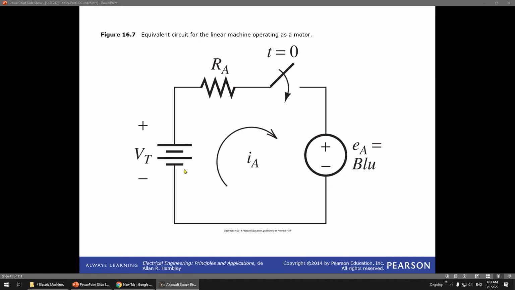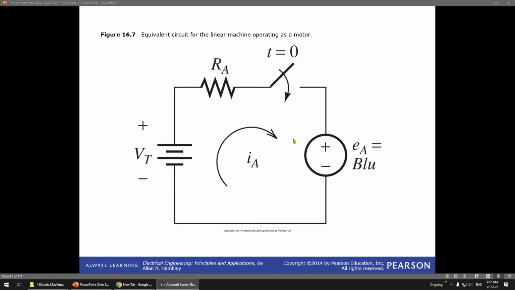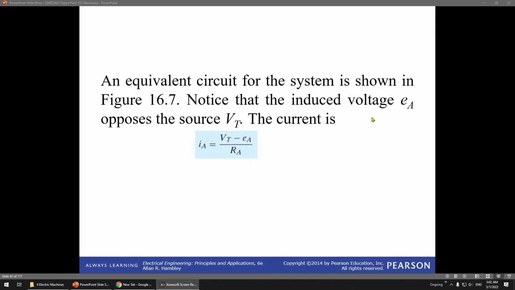As a result, you have a VT, RA, the switch, and the EA equals B L v. So basically the moving wire, the moving motor or rotor, becomes something like a voltage source. This is the basic principle of the DC motor.